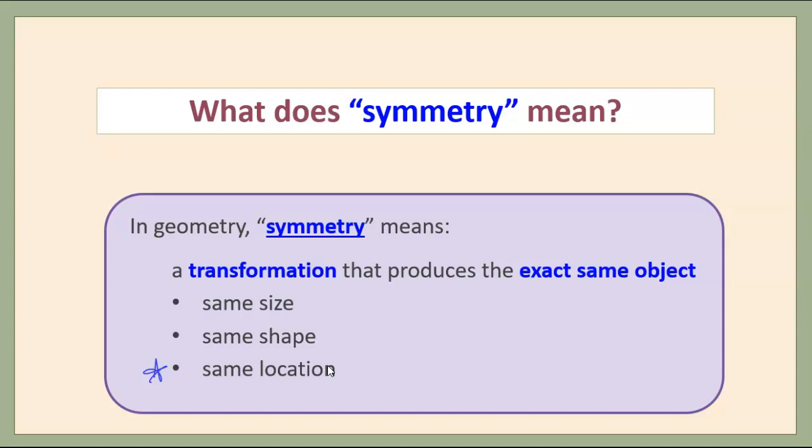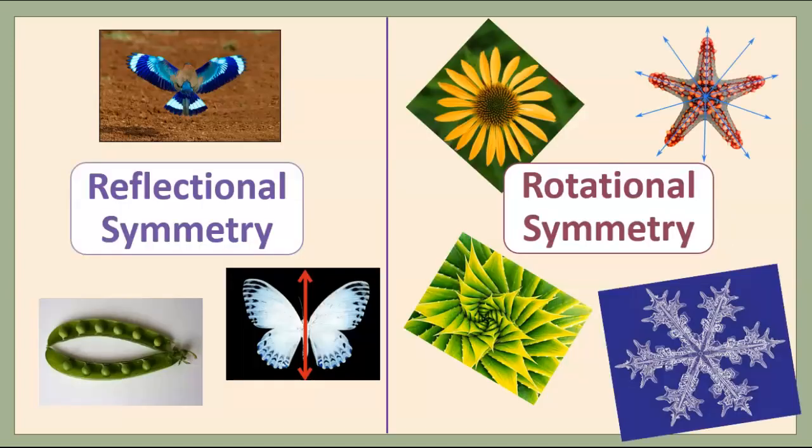We did one of these rigid transformations we've been talking about. A translation, a reflection, and a rotation are the three we've looked at. If you do one of those and it lands exactly on top of itself, exactly the way it was before, we call it a symmetry. And we're going to look at two different kinds based on those transformations we've been talking about: reflectional symmetry and rotational symmetry.